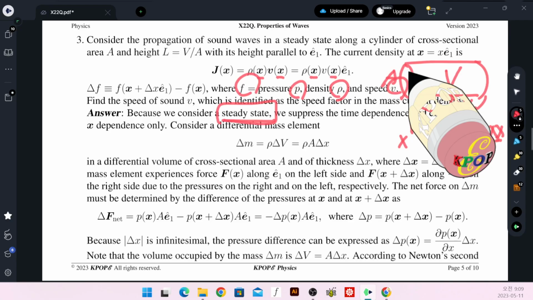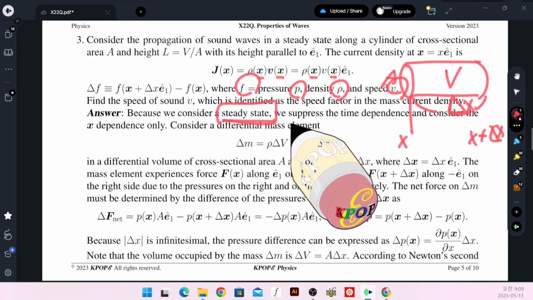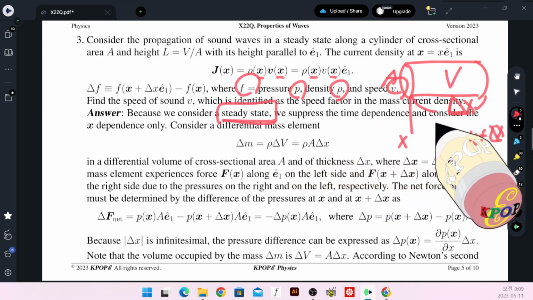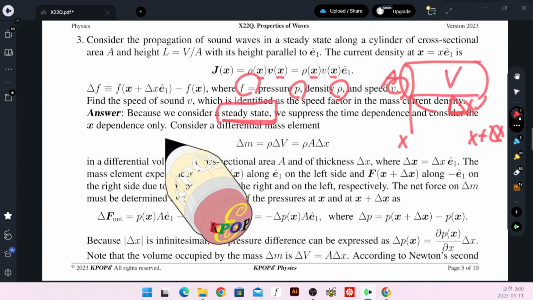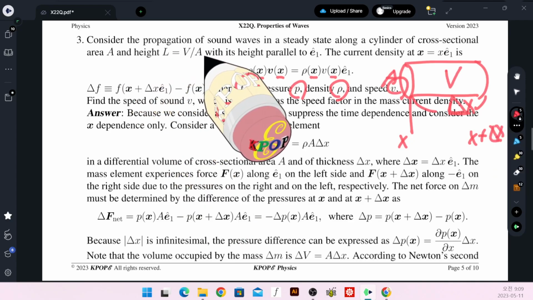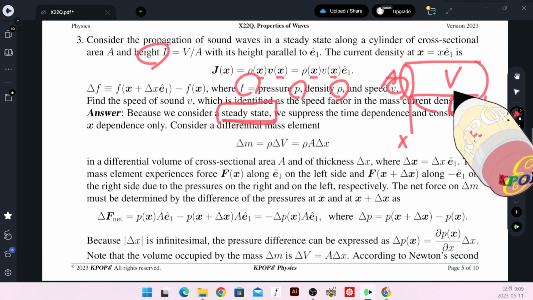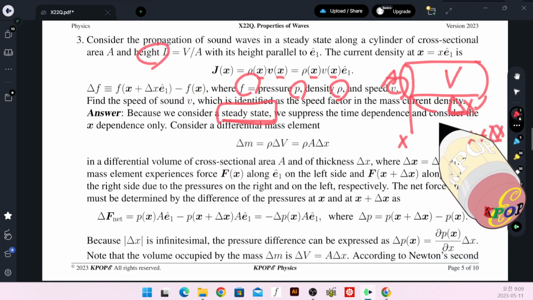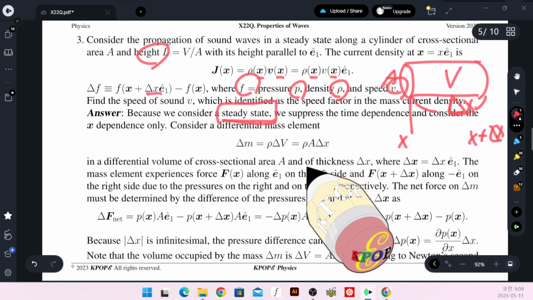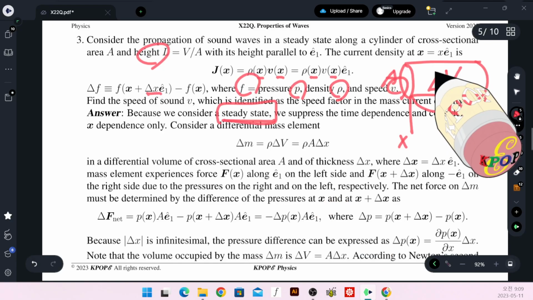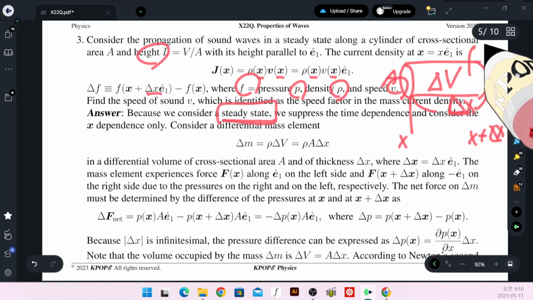All right. So because we consider this steady state, we suppress the time dependence and consider x dependence only. And the height L is replaced with a tiny one, that is called the differential delta x. So we replace this one with the delta V, and we consider the mass inside this part to be delta M. What is the mass?